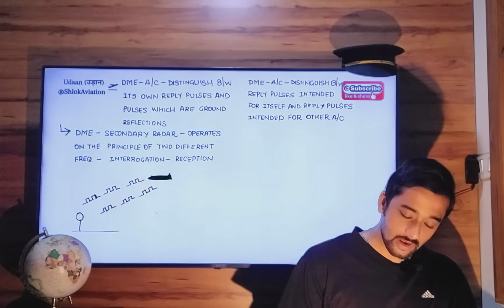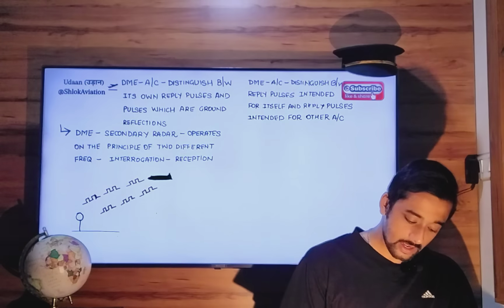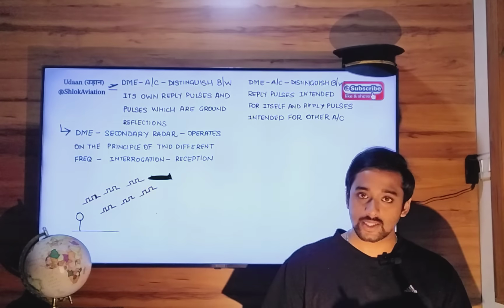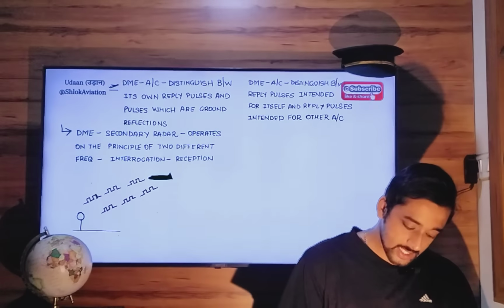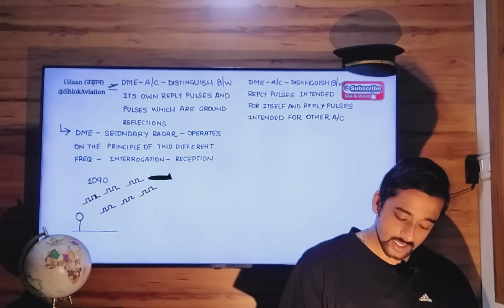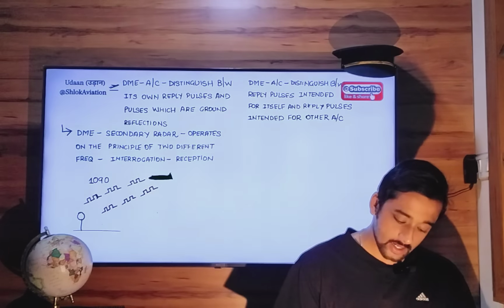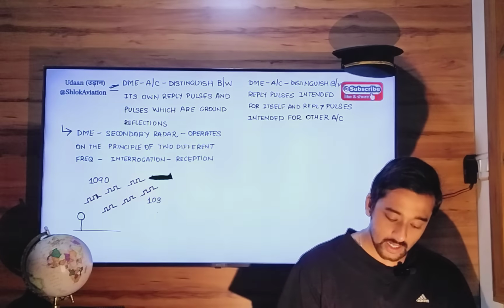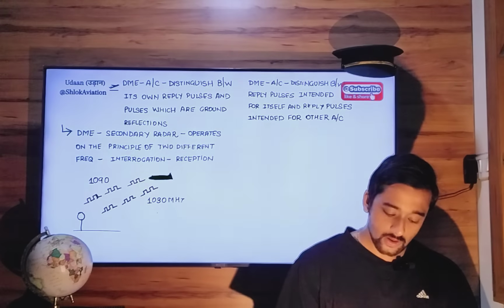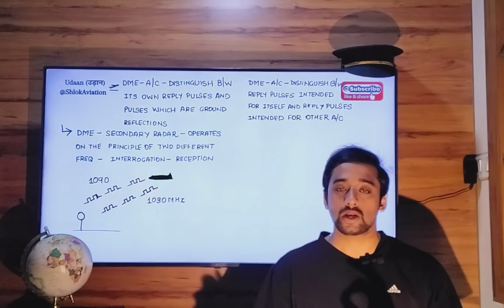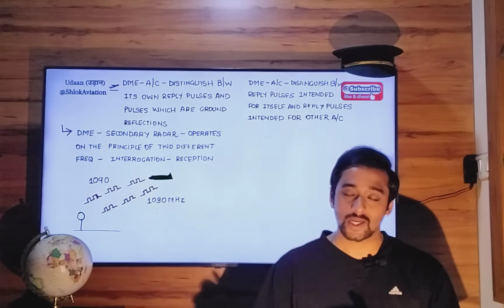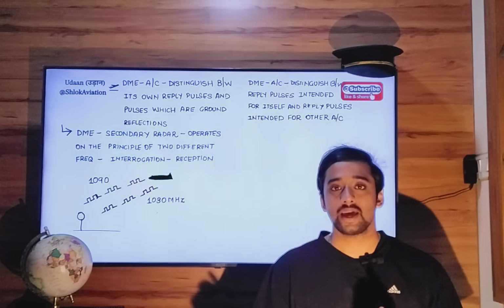The interrogation frequency at which the aircraft transmits interrogation pulses to the ground station is 1090 megahertz, and it receives them back at a different frequency of 1030 megahertz. So this is how it is able to tell the difference between a ground reflected pulse and a pulse coming back from the DME station.